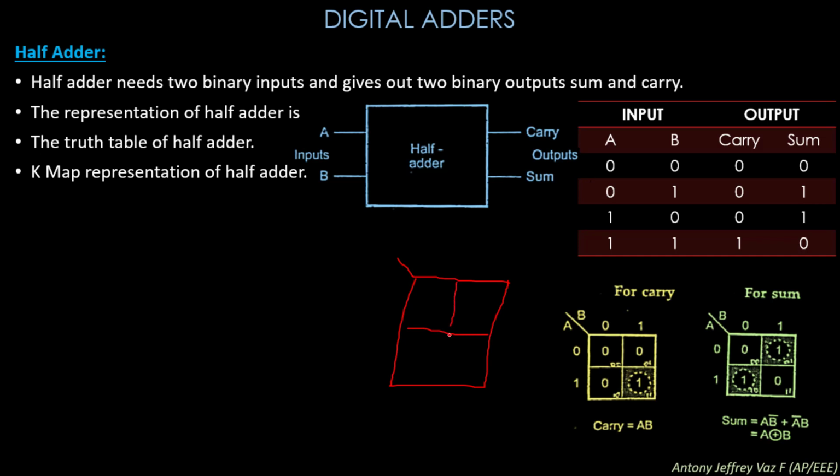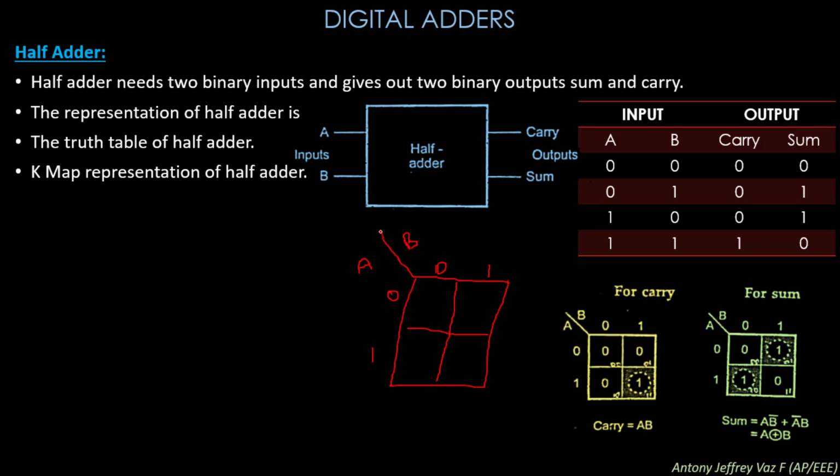After that you need to put 0 1 0 0, and then 1 1 over here. Then you write the two inputs, A and B, over here.